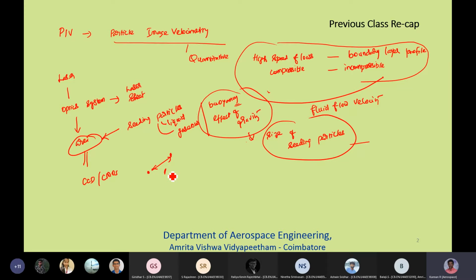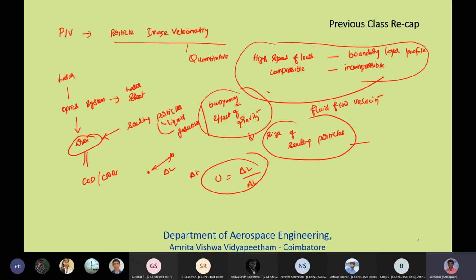We look at the displacement of a single particle between two frames. Image correlation techniques will be used to get a delta L, and they also know the delta T, so from that they get delta L by delta T. This is the very simple case of a single particle.